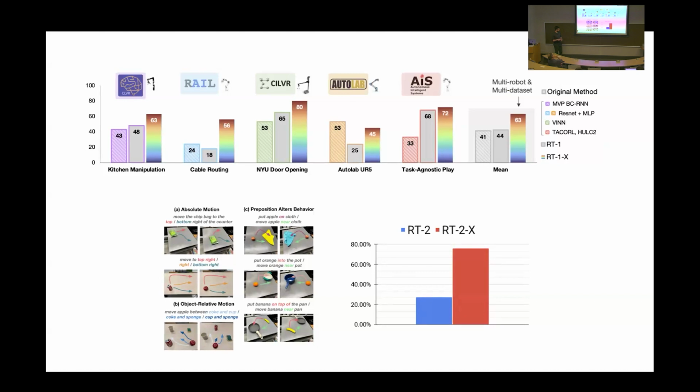But what we did here is that we picked a few tasks where we knew that the original RT-2 model wasn't particularly good. Those are tasks that require more fine-grained spatial grounding. So for example, putting something on the cloth versus next to the cloth, or putting it in the top right corner versus the bottom right corner.